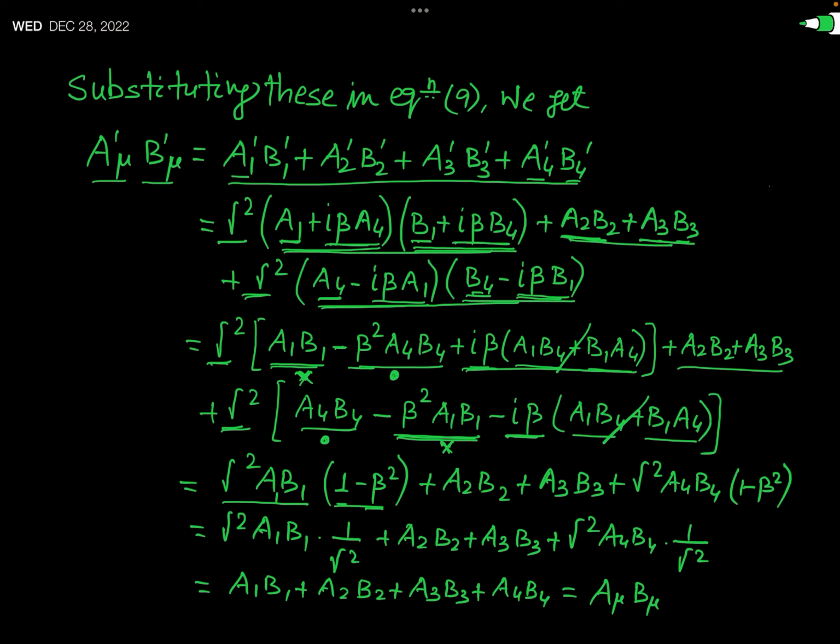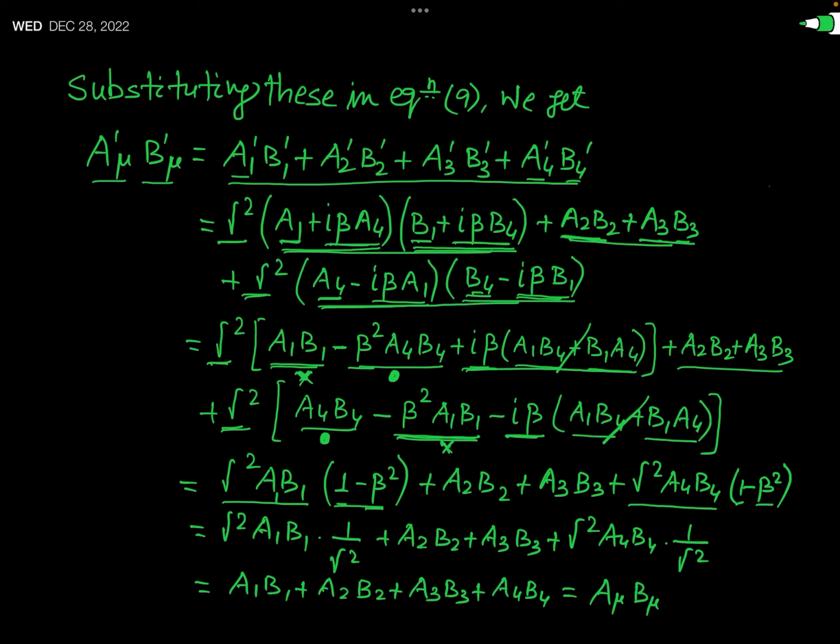So again gamma square A4 B4 from these two dotted terms can be taken as a common factor. You can see I have taken this gamma square A4 B4 as a common factor. So in this lower term 1 will remain, and in this upper term beta square will remain with negative sign.